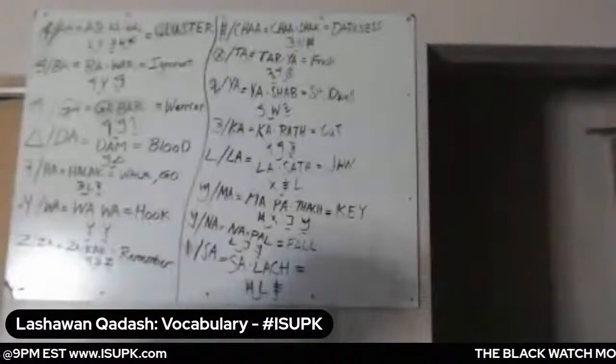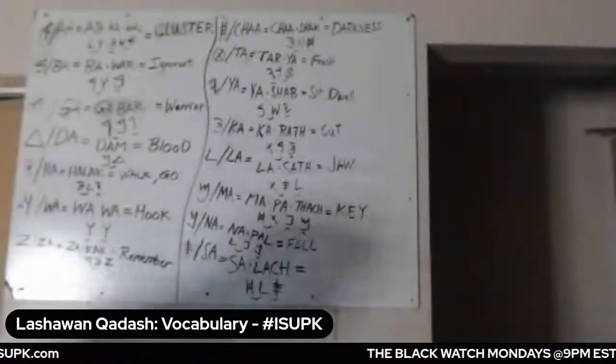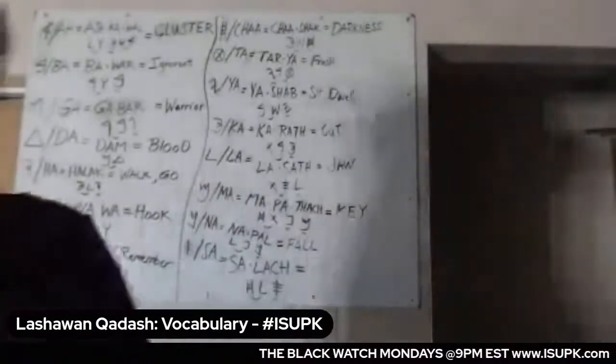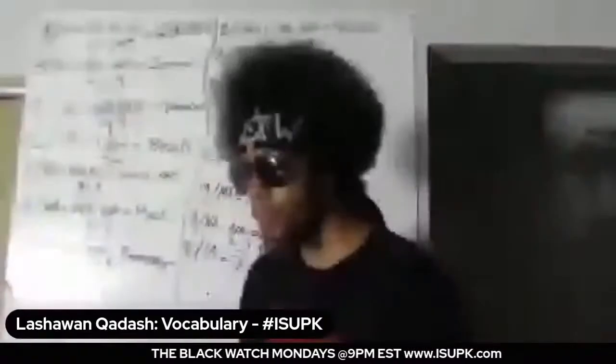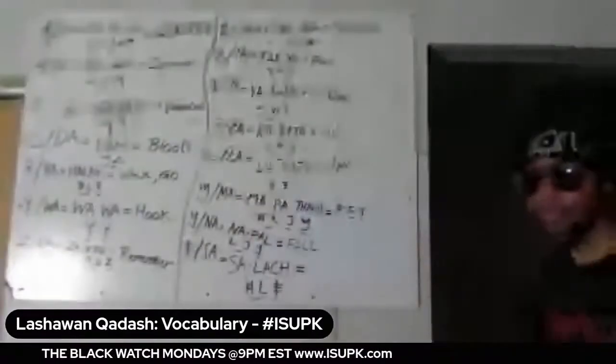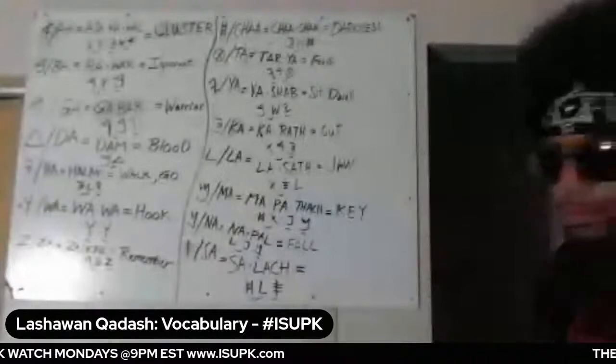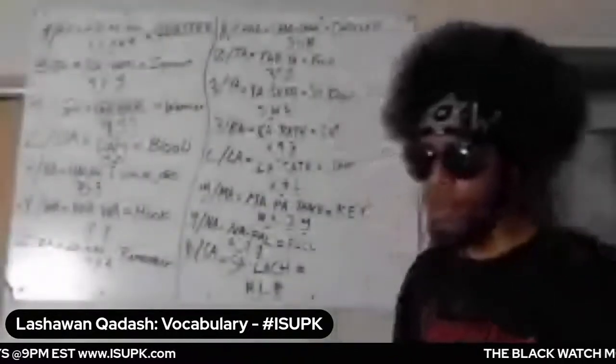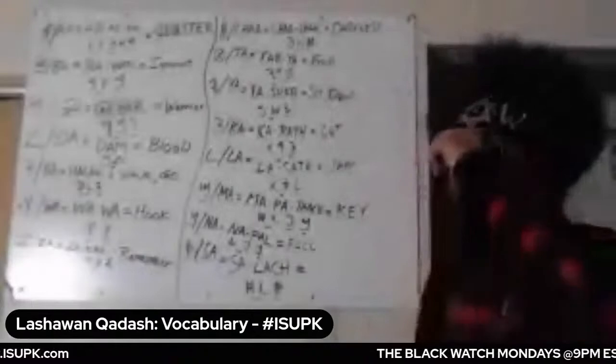Okay, I got one answer. Let me hear one more. I got one answer from the sister Kawa. Let me see. Who's been paying attention? I got one answer. All right.